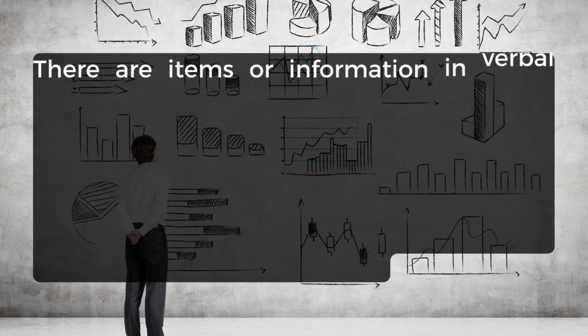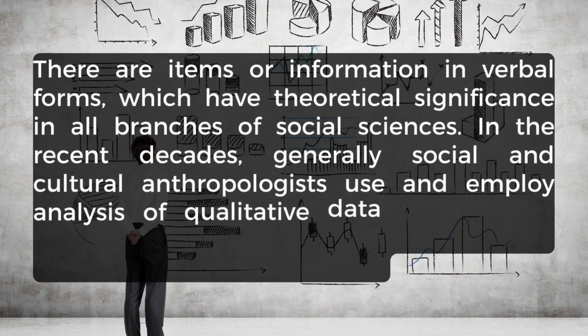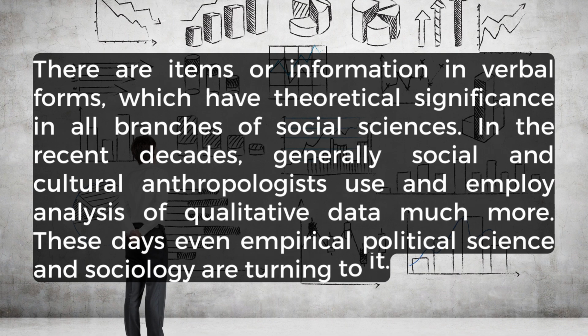These are items or information in verbal forms which have theoretical significance in all branches of social sciences. In recent decades, social and cultural anthropologists generally employ analysis of qualitative data much more frequently.